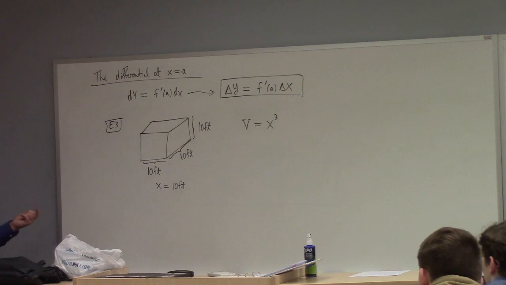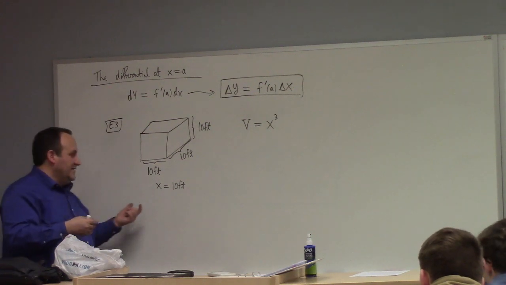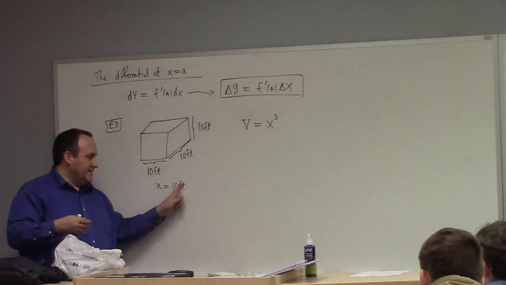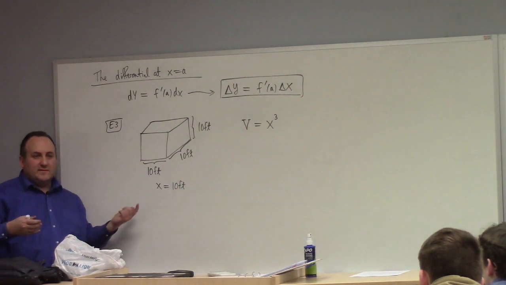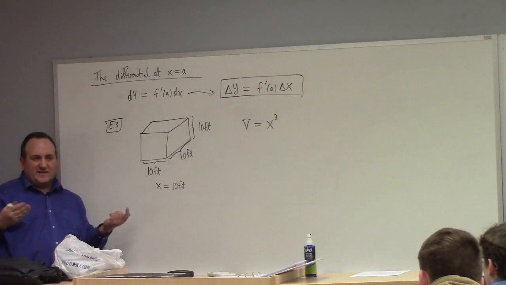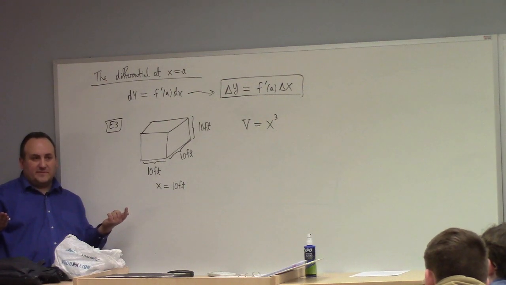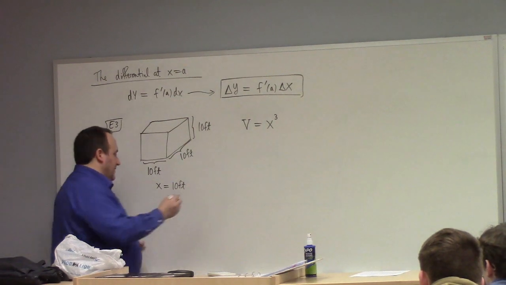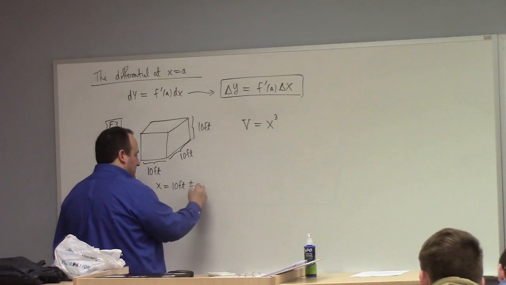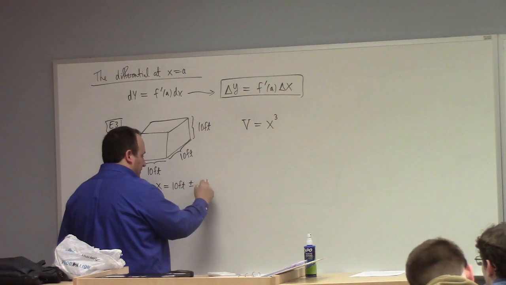We do have some pretty neat toys these days, but if you just have a regular tape measure and you measure something 10 feet, what's the uncertainty, do you think? What would be a reasonable amount? 1/10 of an inch? Sure. So 10 feet plus or minus, say, 0.1 inches.